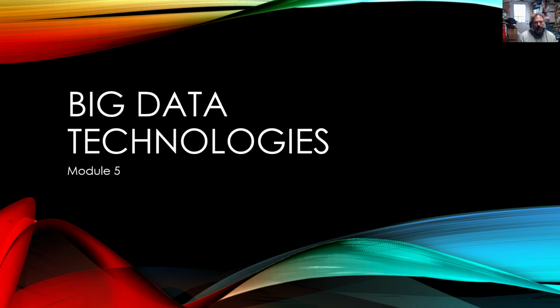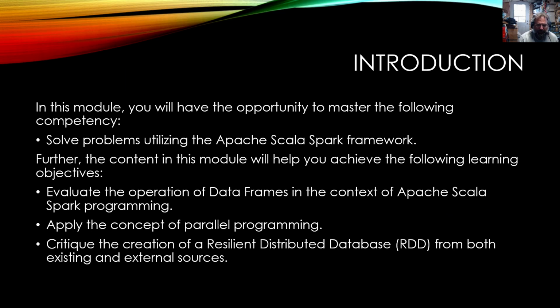Okay. So Module 5 centers on big data technology, and in particular solving problems using big data. The important areas of Module 5 are that by the end of it, you should be able to solve problems using Apache Spark.